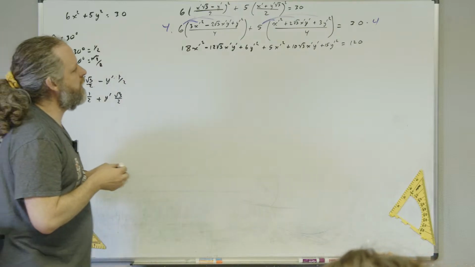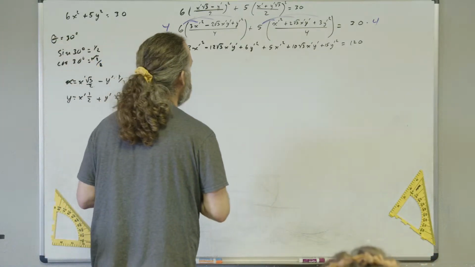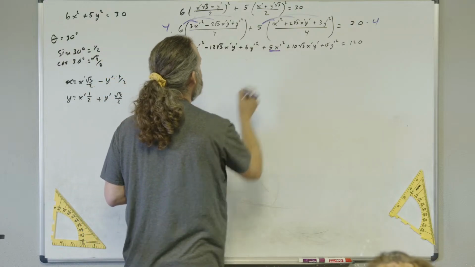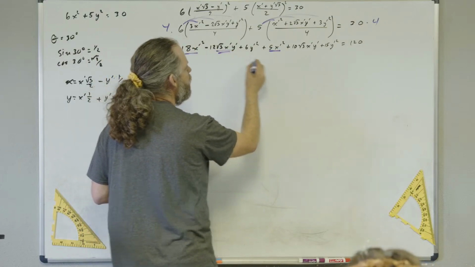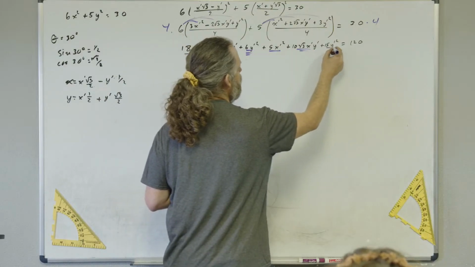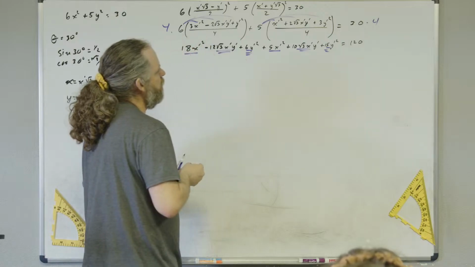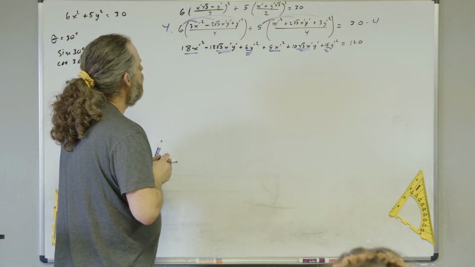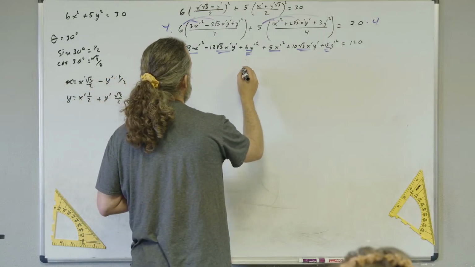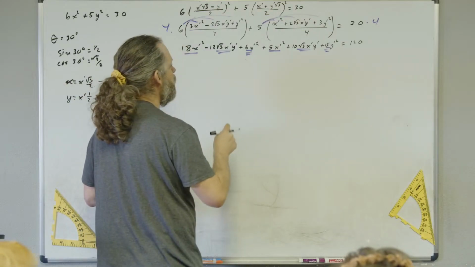And let's see what kind of like term nonsense we can get up to. This one with this one, this with this, and finally the y squared terms. So 24. No, 23. Oh yeah, I'm looking at the wrong one.